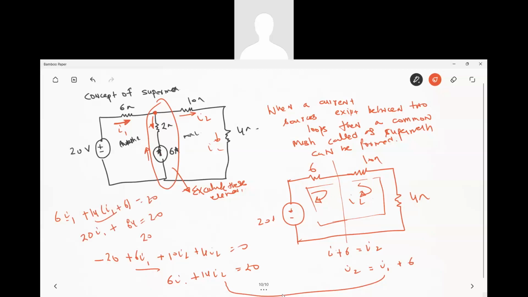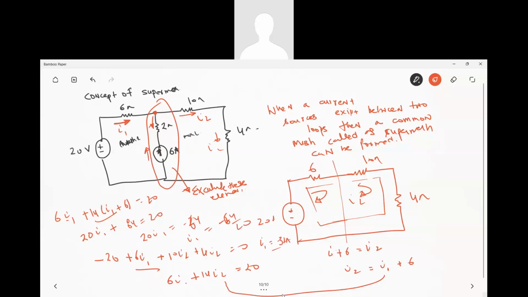So your 20 I1 is equal to minus 64. So I1 would be equal to minus 64 by 20, correct? Minus 64 divided by 20 will become minus 3.2.